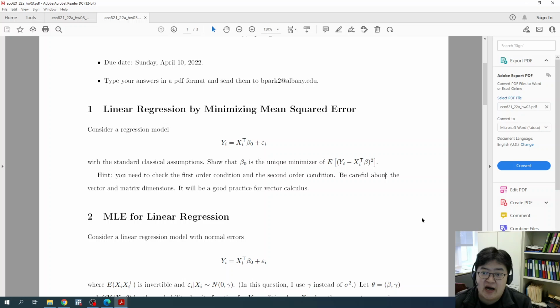This is the theoretic identification. It is the population level justification for least squares, because the true parameter minimizes the true criterion function. So we are going to obtain the estimator by minimizing a sample criterion function. That's what we do. Okay, I will stop the video here. In the next video, I'm going to do question 2.